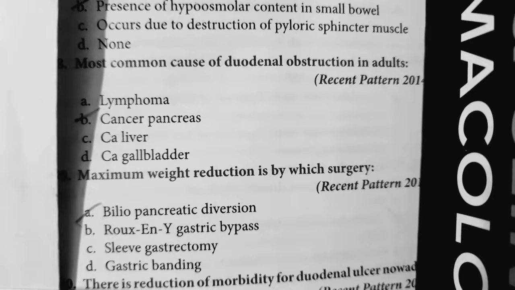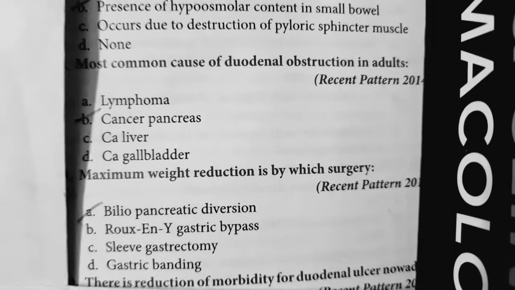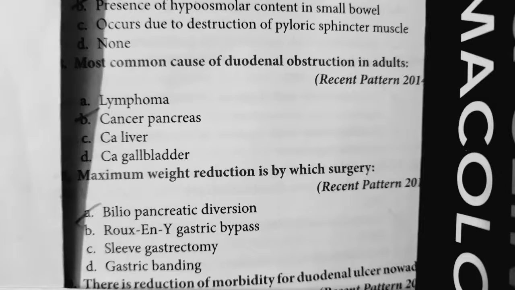Actually, in biliopancreatic diversion there is a decrease in weight of approximately 50 kg in 3 to 6 months. And biliopancreatic diversion has the highest weight loss and highest post-operative mortality when compared to the others.